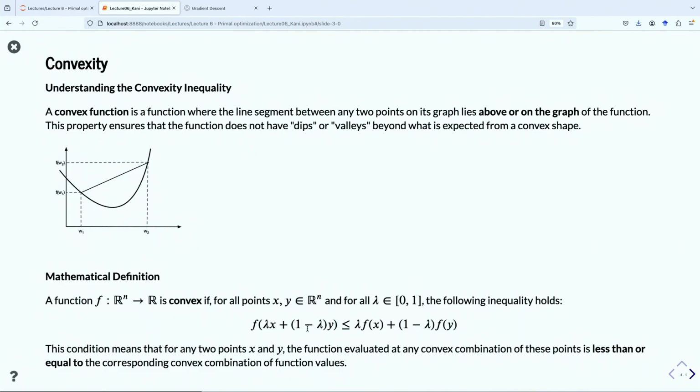Namely, f of lambda x plus 1 minus lambda y is less than or equal to lambda f of x plus 1 minus lambda f of y. Okay?